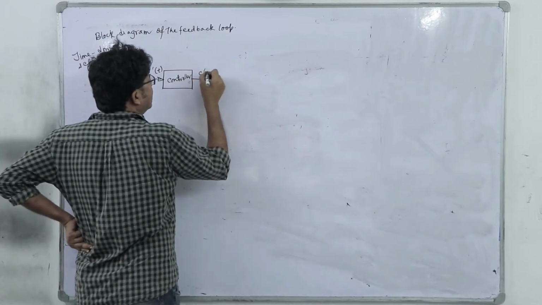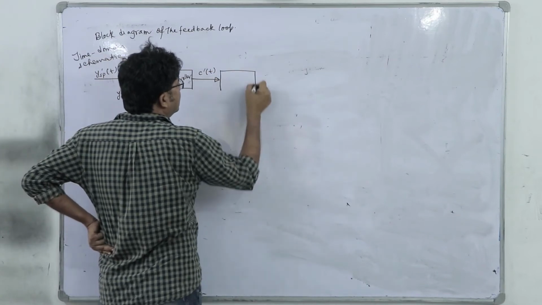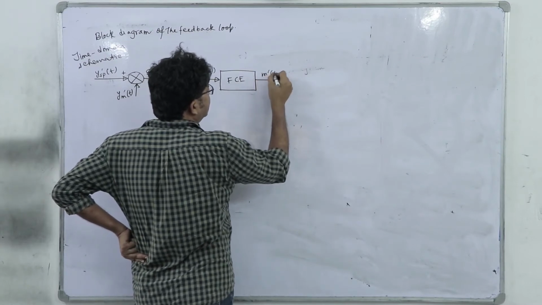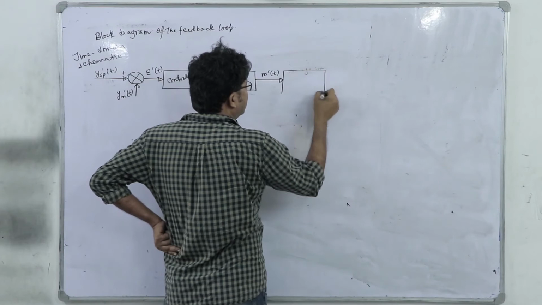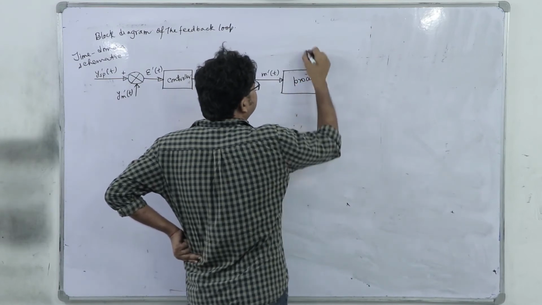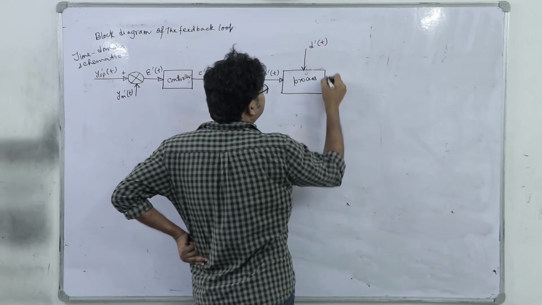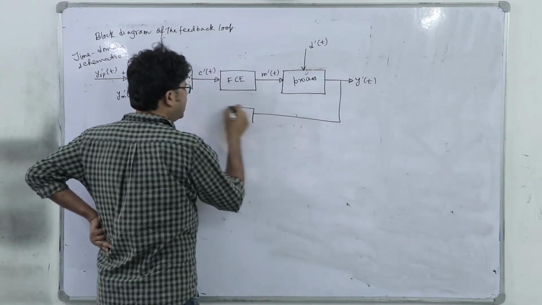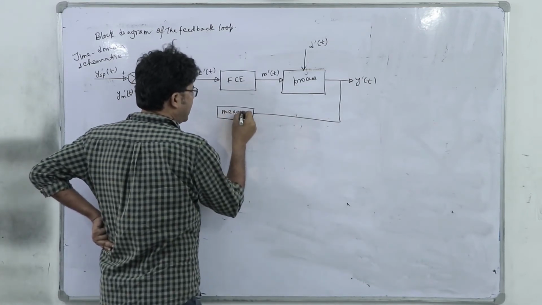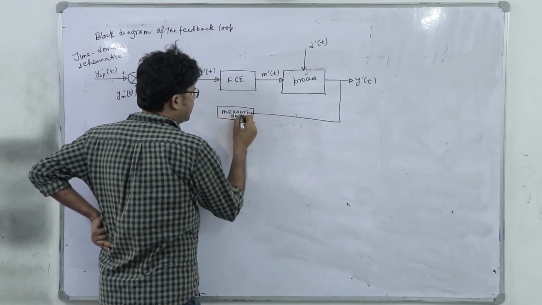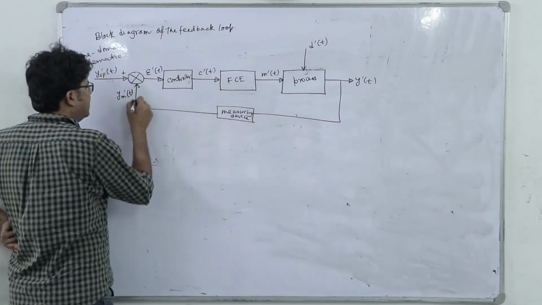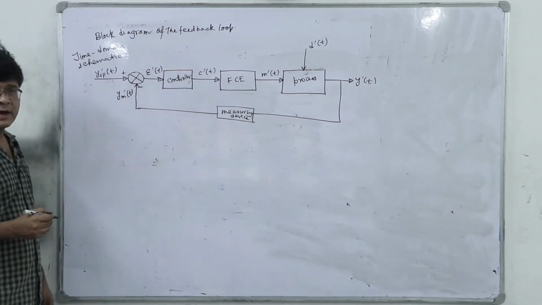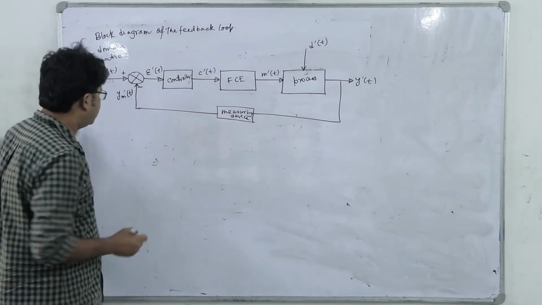The controller generates this controller output C prime t, it goes to that final control element. From the final control element we get the manipulated variable which comes to the process, which also receives the disturbance signal, and produces the final output y prime t, and we measure it in the measuring device, producing signal ym which is delivered to this comparator, right. So that's the time domain schematic of the feedback loop.